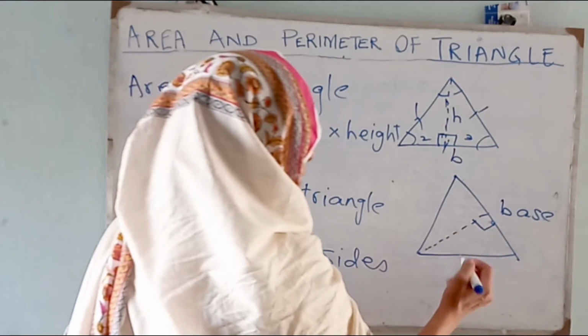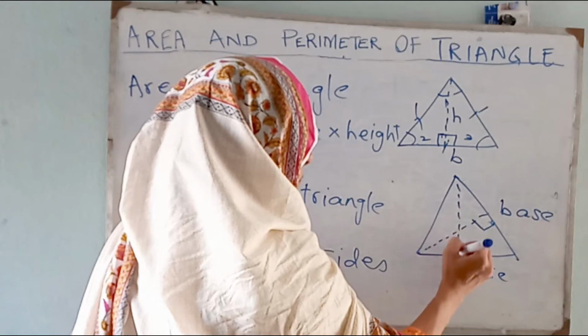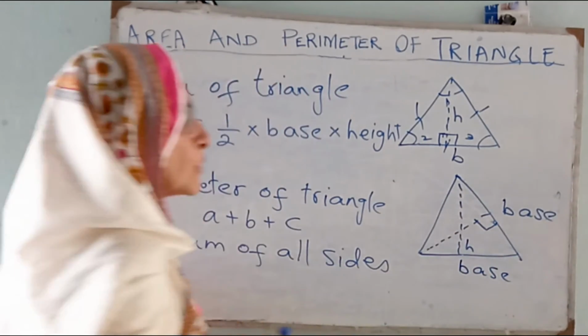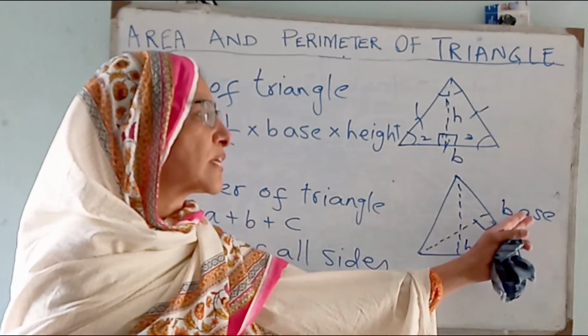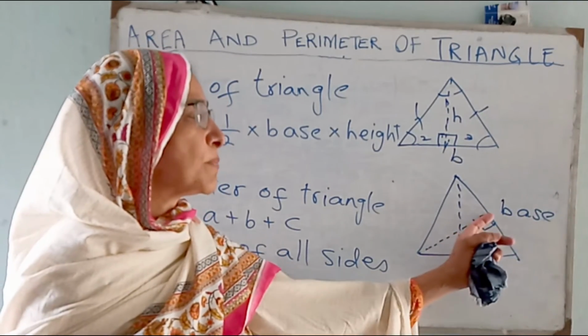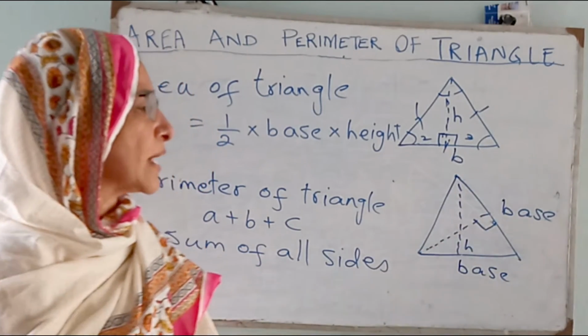And if this is the base you are going to take, then this will be your height. So it depends on which base you are taking in the triangle. If you take this as the base, this will be your height. If you take this as the base, this will be your height.